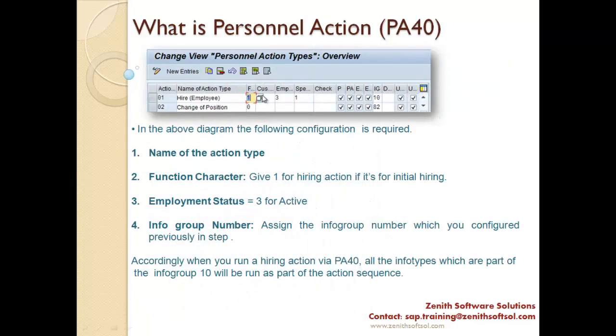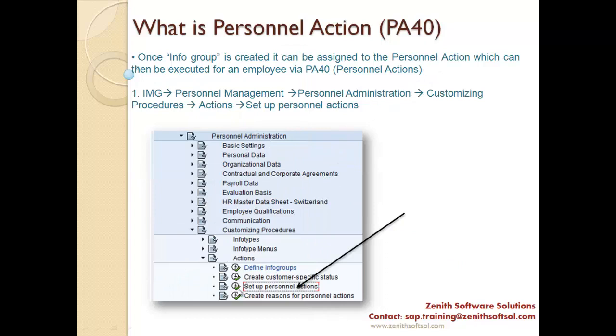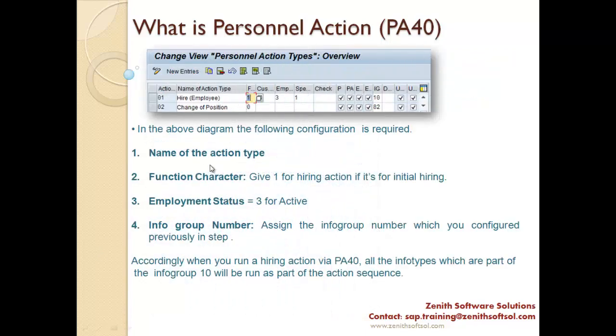When you go and configure the personal actions, if I go back, when you click on this particular IMG node, on this clock, it will show you this screen. In this screen you will set up your personal action. The action can be anything. It could be hiring, termination, or promotion. Any action relevant to an employee is an action.